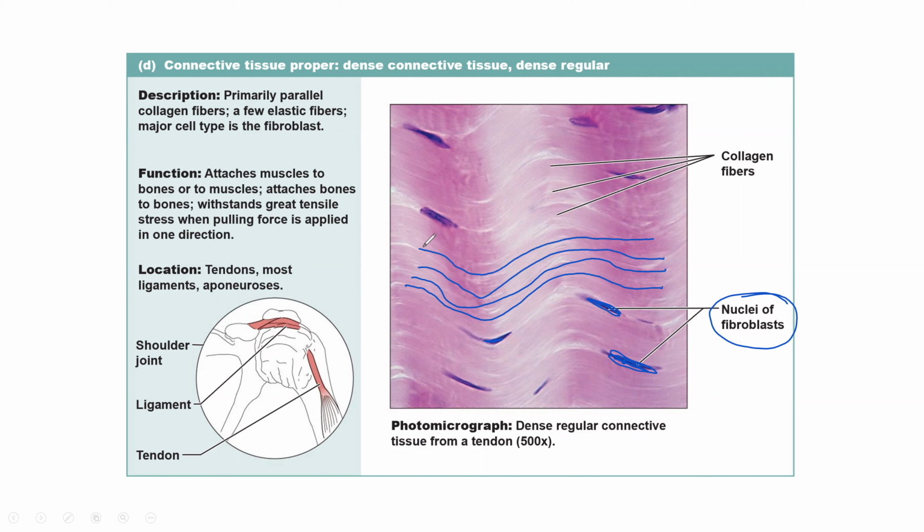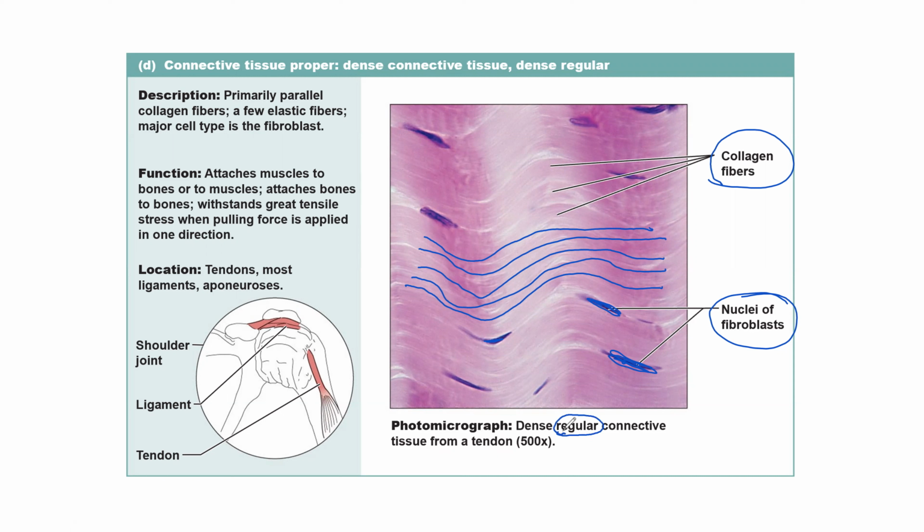This is important to remember. Those fibers, those proteins, are not inside our cells. They're outside. They make the extracellular matrix. And you can see collagen fibers arranged parallel to each other in the same direction. That's why we call it regular.